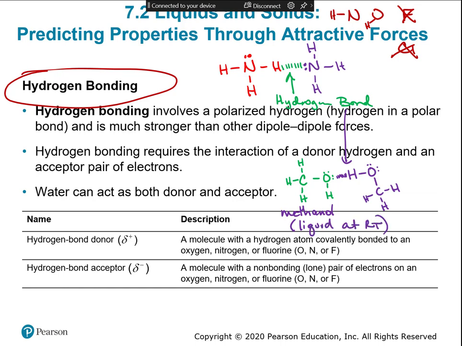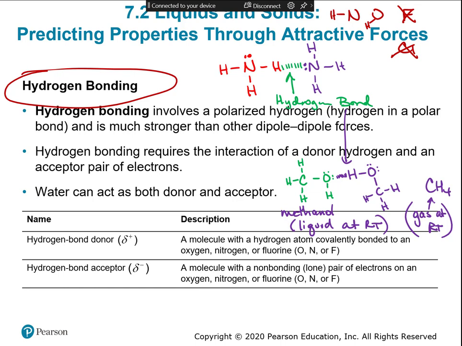So it's a liquid at room temperature, whereas CH4 is a gas at room temperature because all it does is London forces. So it's a non-polar molecule. It doesn't create this attraction. So those molecules want to act like independent molecules. They don't really care about each other. They act as if they're not there.